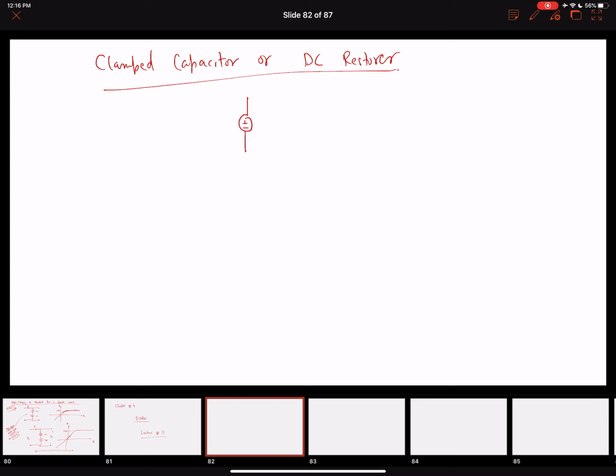The circuit looks like this. You have the input voltage connected to a capacitor, connected to a diode, and over here is the output voltage, this is the capacitor voltage, and this is the input voltage. Let me define the input voltage and then we will see how our output voltage looks and why we need it.